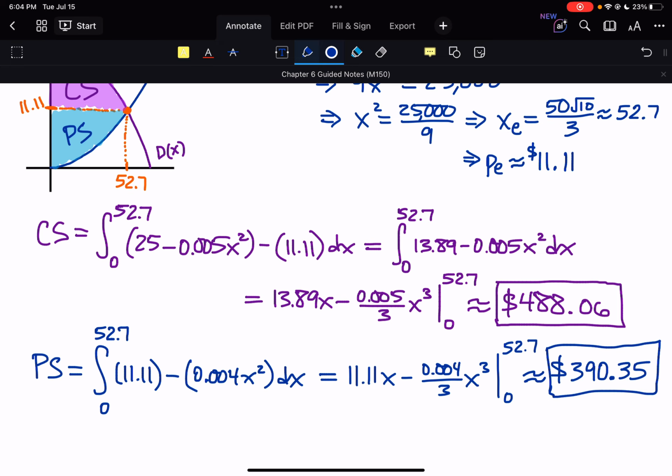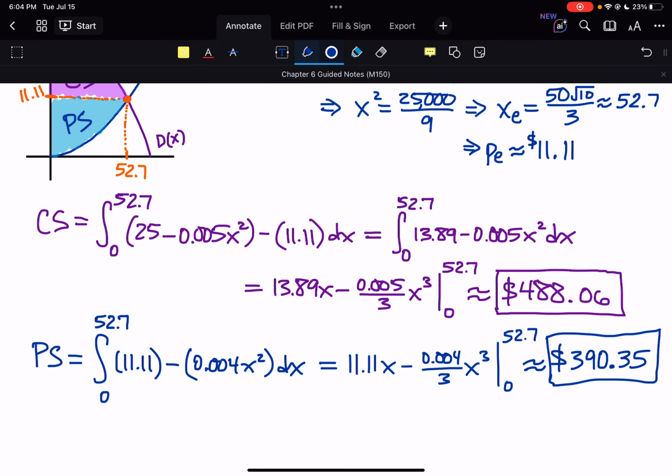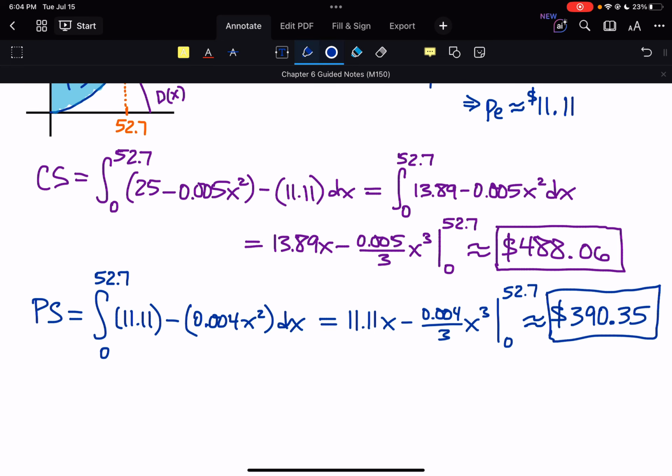And if you're looking any further past this, just as a separate side note, if we were looking for the idea of total surplus, this is the amount gained by both the consumers and the producers.